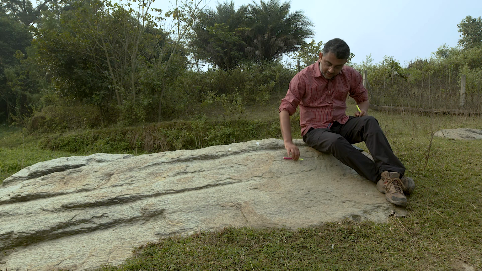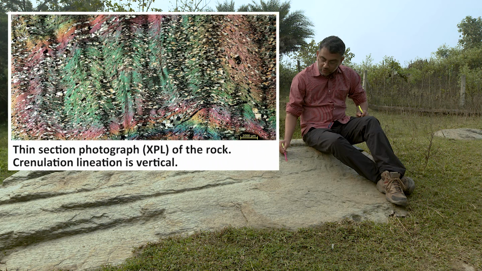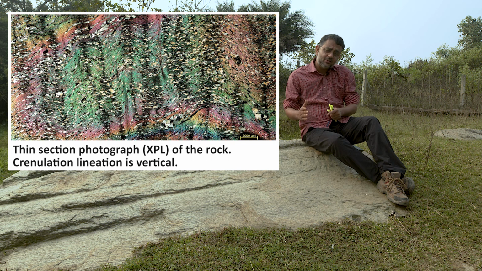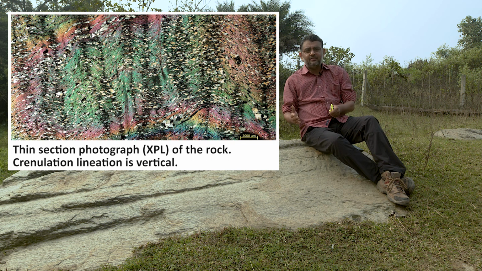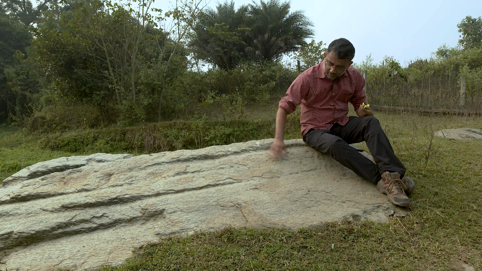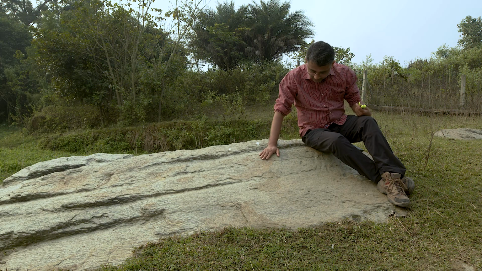Now, why am I saying this is crenulation cleavage? Because I have seen it in thin section, and I know that this quartz rich layer, or quartzo-feldspathic rich layer, has fabric inside it. So, microlithons with fabric in a cleavage area is a crenulation cleavage. So, this is a very beautiful crenulation cleavage that you see on the surface.